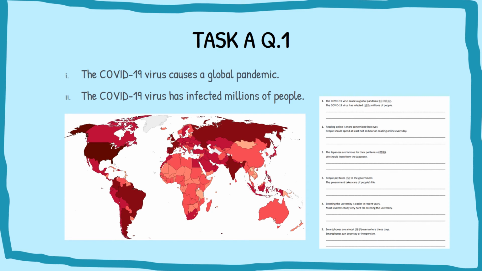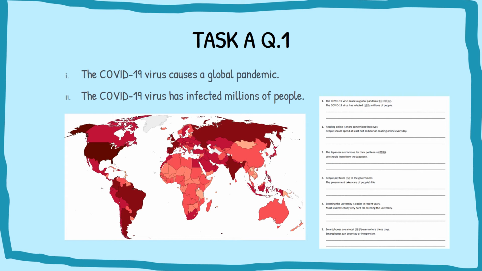So here is question 1 of task A, and as I've told you before, there are 2 sentences. The first one is: the COVID-19 virus causes a global pandemic. The second is: the COVID-19 virus has infected millions of people.